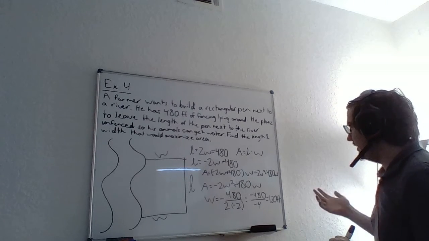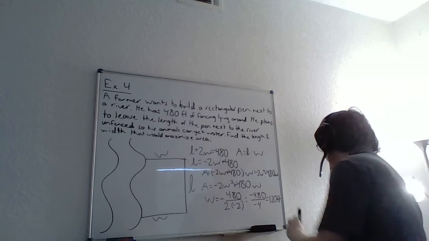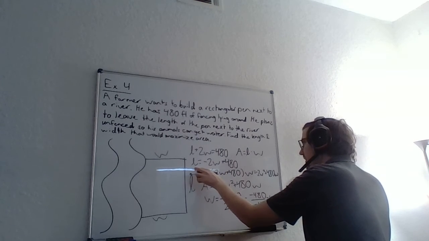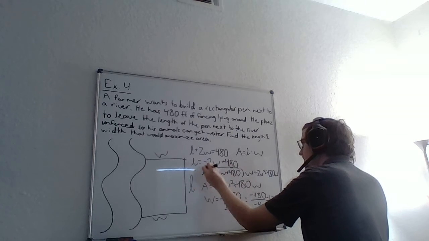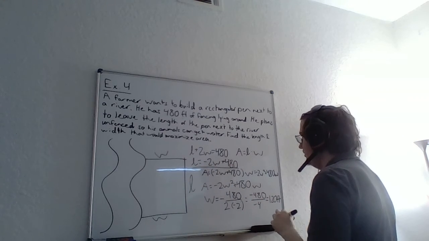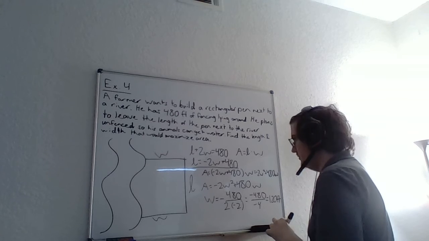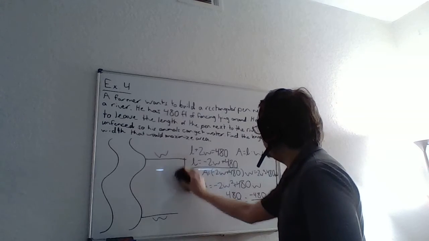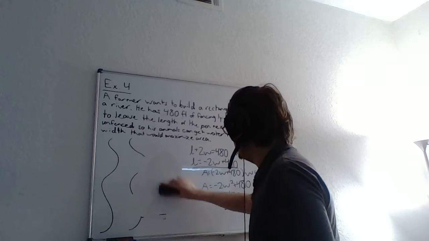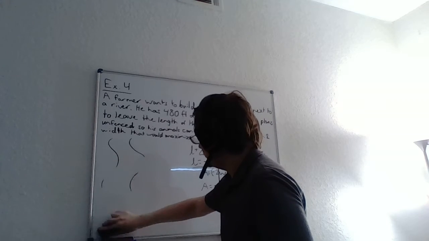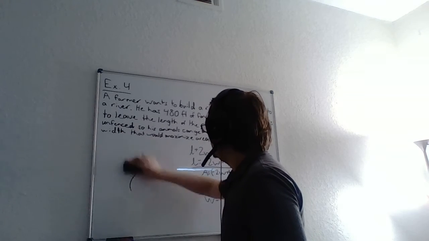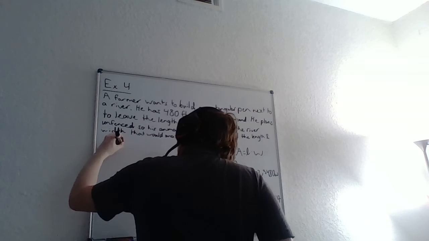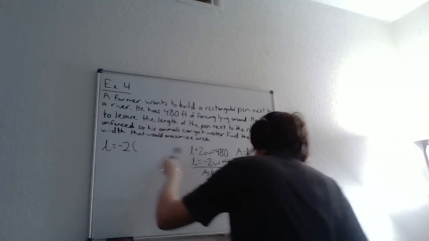Now we want to find the length. All we need to do is go back to this equation right here. Right? Length is equal to negative 2w plus 480. So I'm going to erase the picture now that we've gotten all our equations and stuff. So we'll do length is equal to negative 2, but we know what the width is now.